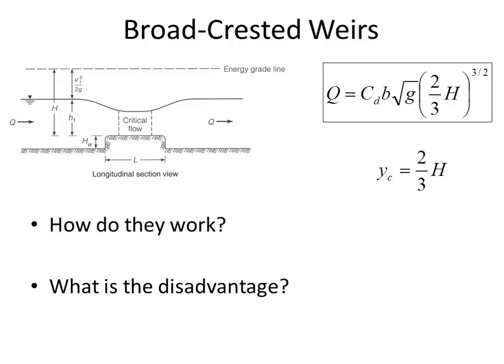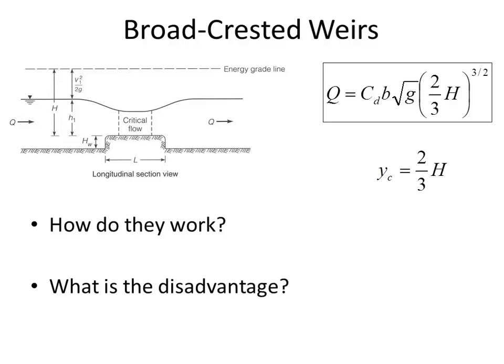All right, so look at the values here. H is the distance from the top of the broad-crested weir up to the energy grade line, and 2/3 of H is the critical depth.